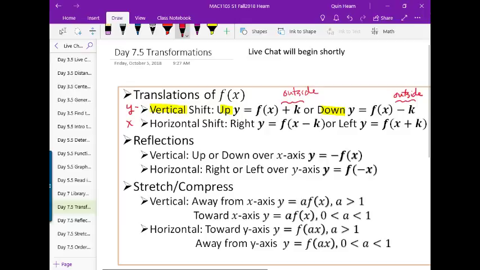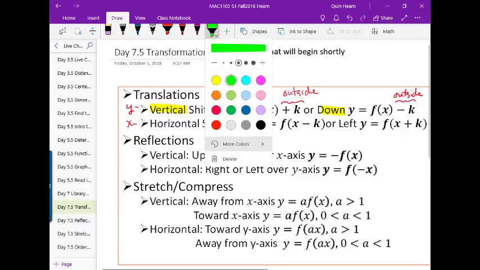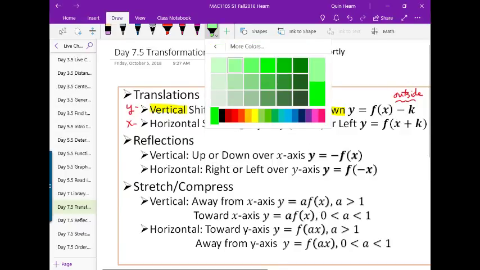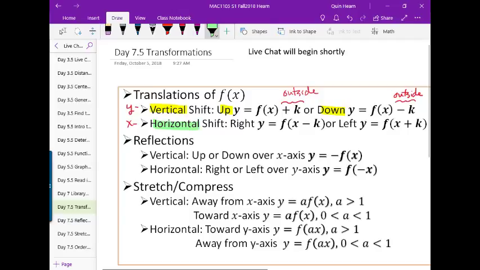To get a change in the x coordinate, we talked about if you have a horizontal shift, it's going to come from adding or subtracting inside of the parentheses. An inside change affects the x coordinate. See how the add and subtract are indicated inside the parentheses?